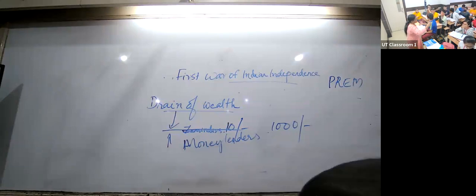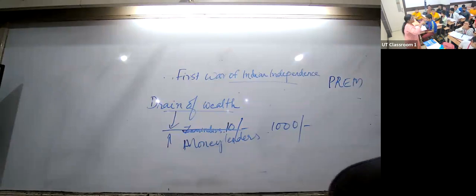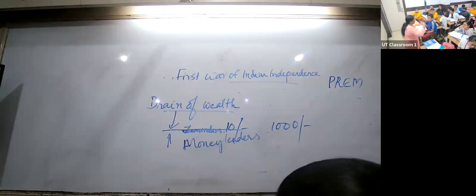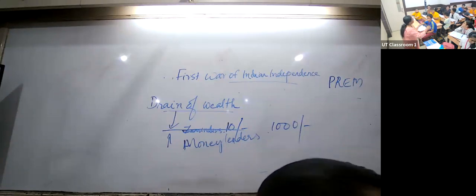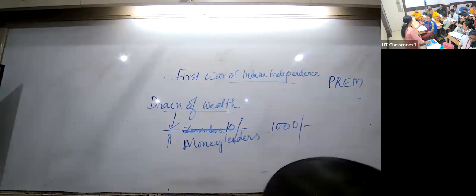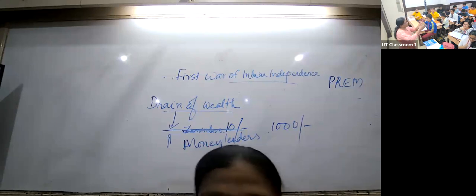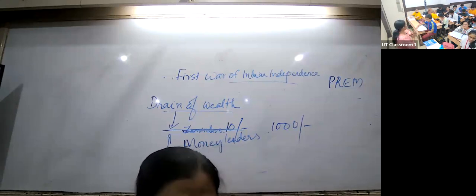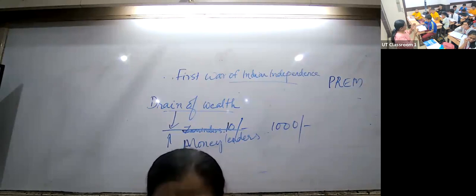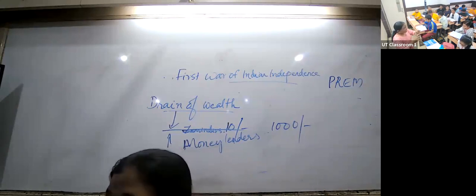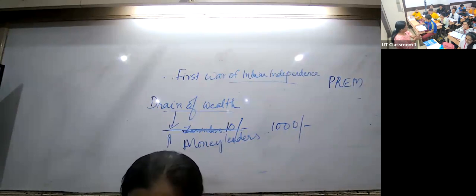We know that Britain is having the rule of crown, that means king or queen. In 1858, Queen Victoria was the ruler or empress of Britain. So now the power handed over to Queen Victoria.